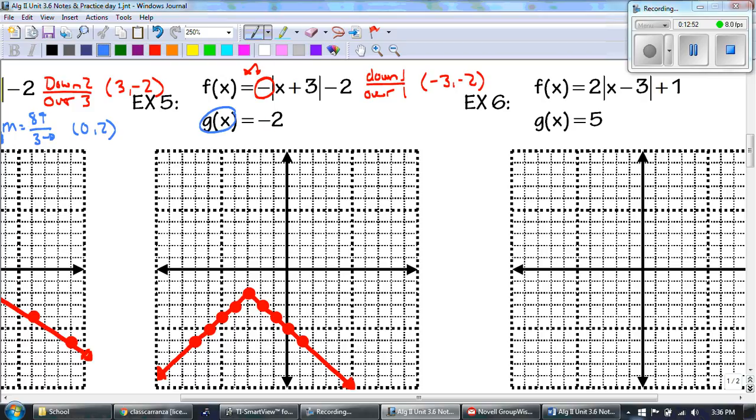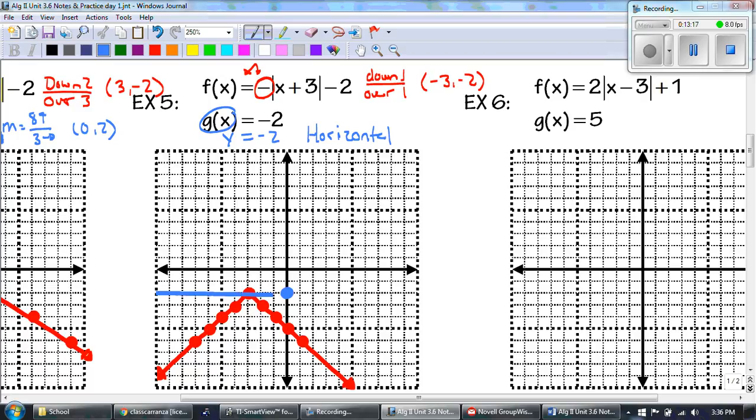Well, just remember that this is y. So they're saying that y equals negative 2, and when y equals negative 2, that is a horizontal line. So you can go straight to negative 2 and then just draw your horizontal line. It's awesome. It's not a lot of work.